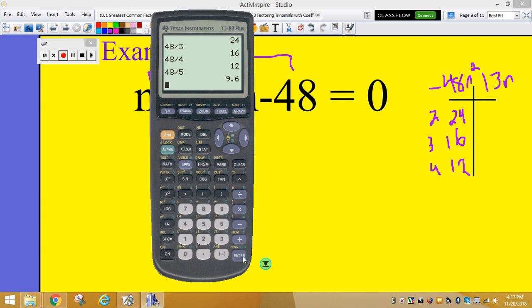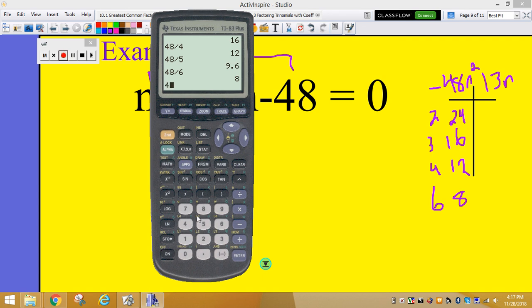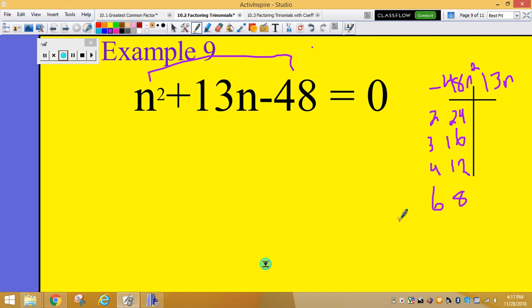If you're just not good with your multiplication facts, that's totally fine. You have a calculator that'll help. So 5 won't work because we got a decimal. So let's try 6. 6 works, 6 times 8. And last, let's try 7. So 7 doesn't work because we got a decimal also. Okay, so these are my only options.